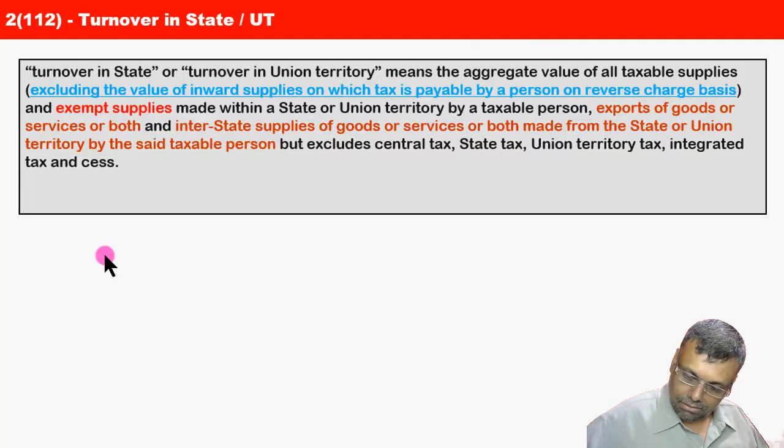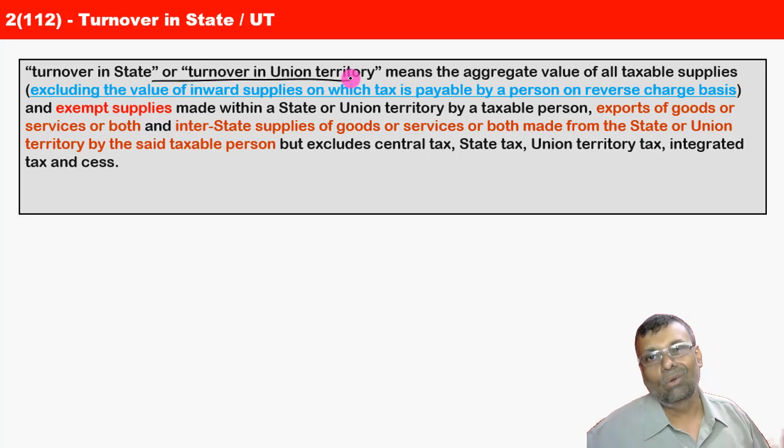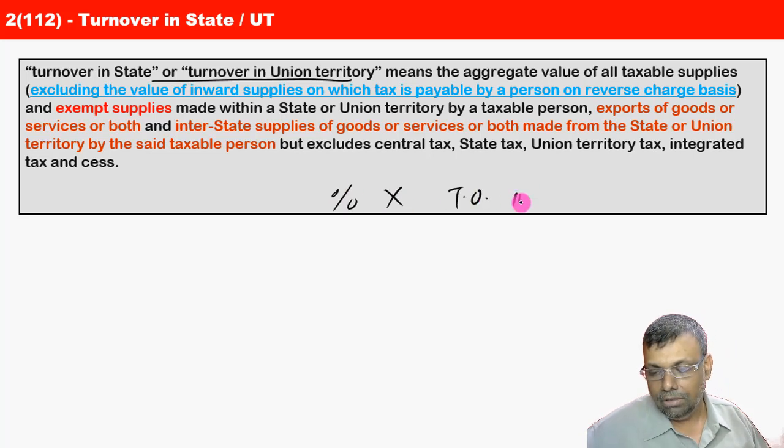And the next thing that I want to bring to your notice is the turnover in the state definition. Now turnover in a state or a union territory is also on similar lines. I'm not repeating, but remember that for the composition, the percentage will be multiplied with the turnover in the state.